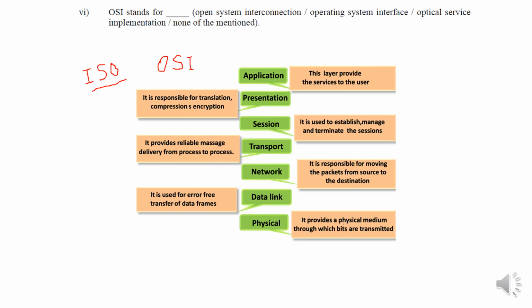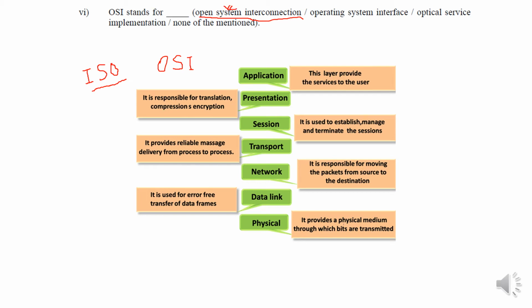Now from this point you can get the answer for OSI. If you don't remember it, then also from the logic of why it is used, we can get the full form. This is open system interconnection, because these protocols are used for interconnecting different computers. The computers we normally call systems, and this should be open, not proprietary, not fixed for a particular company.